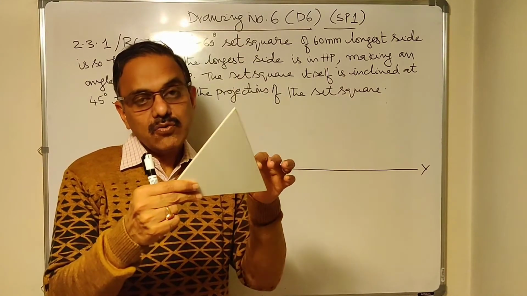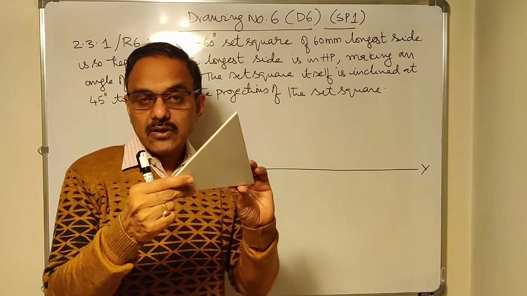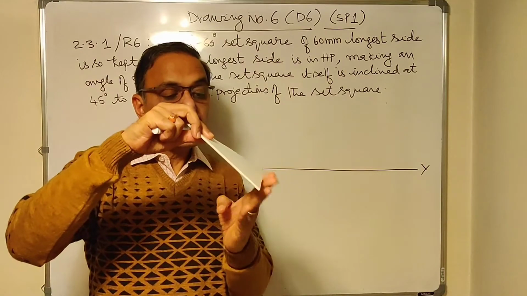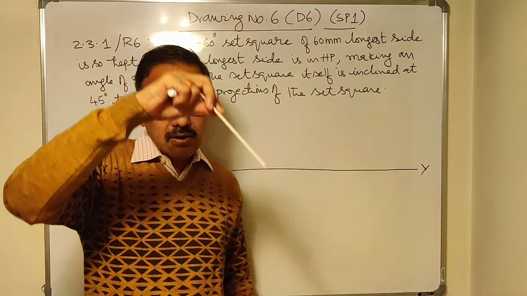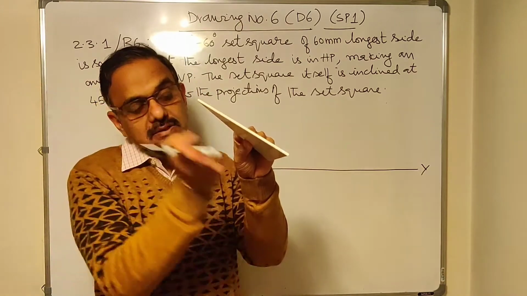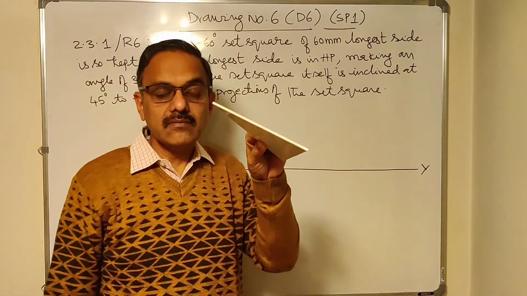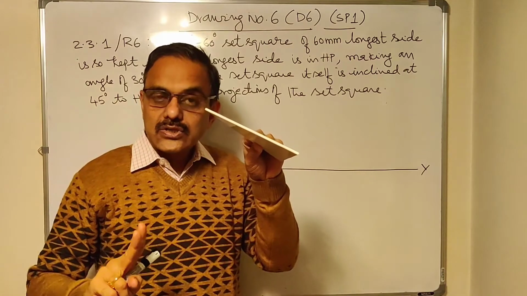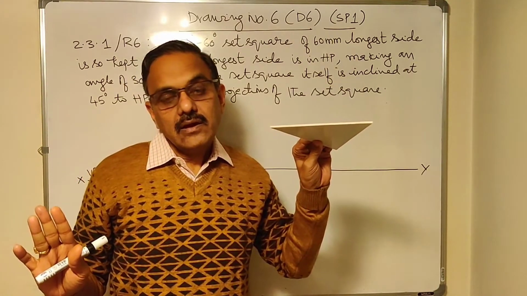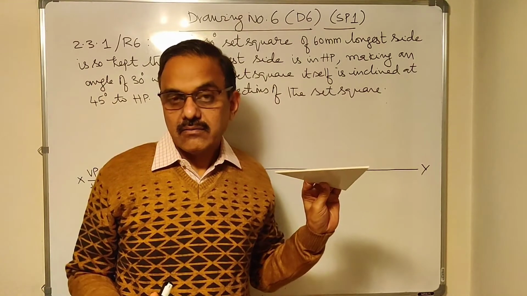What should be the condition given for you to adopt SP1? One is that this edge should be on HP, and then the surface should be inclined to HP. If these 2 conditions are there in the problem, then I am decided that it is SP1.